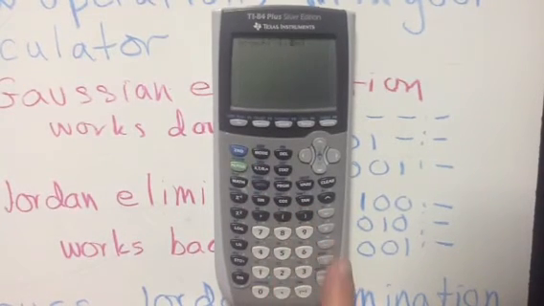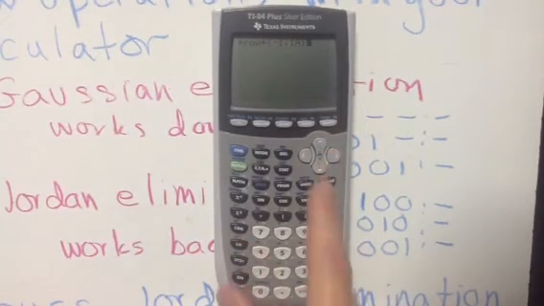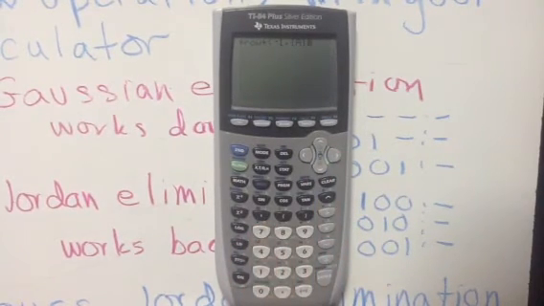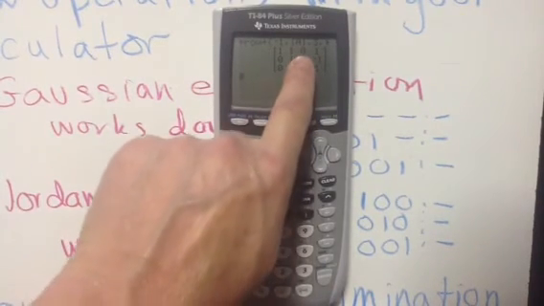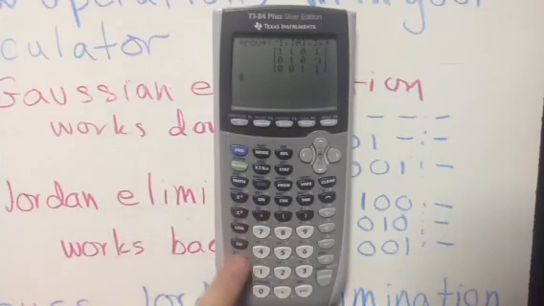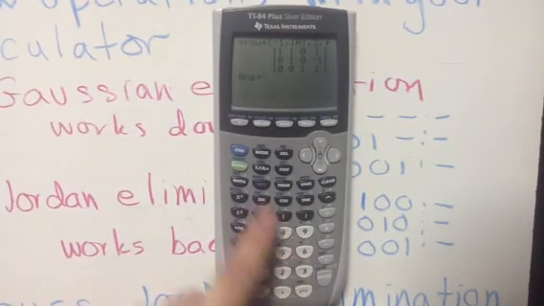Okay. Alright, I see what I did. I pressed the wrong sequence. I chose go to, so I'm back here. I can finish this command now. And I wanted to do that to row 3. And I wanted to add the result to row 1. There's my matrix. So now I'm getting zeros right here.